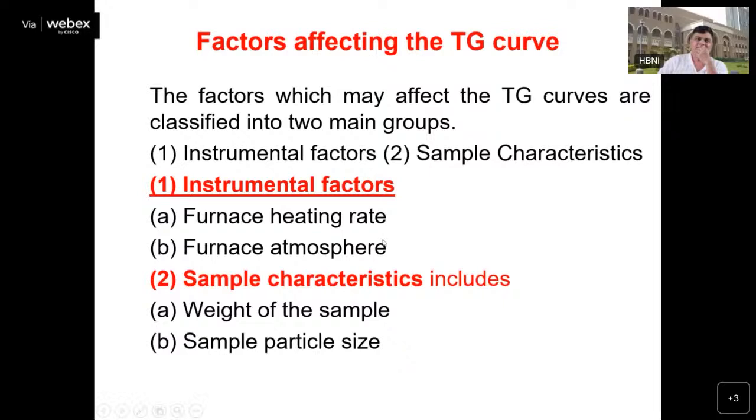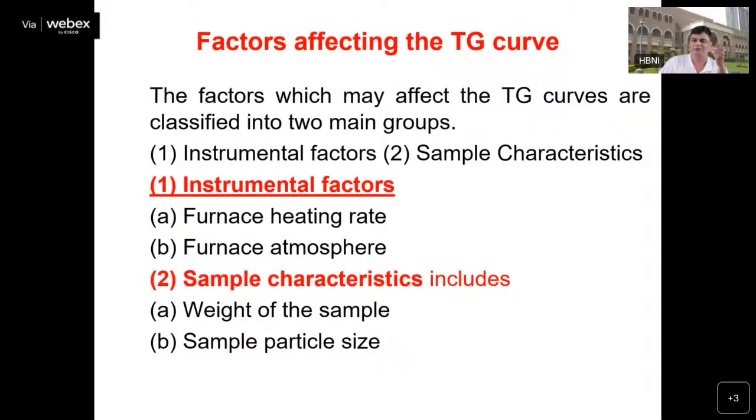Then another very important thing as far as TG is concerned is the instrumental factors as well as the sample characteristics. The instrumental factors are the furnace heating rate and the furnace atmosphere. As far as sample characteristics are concerned, there are the weight of the sample and sample size. With different furnace heating rates, you will get a different kind of reaction.